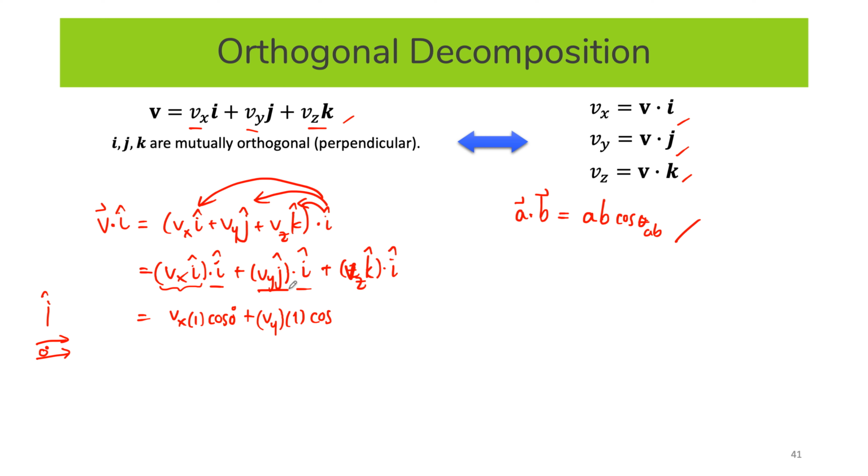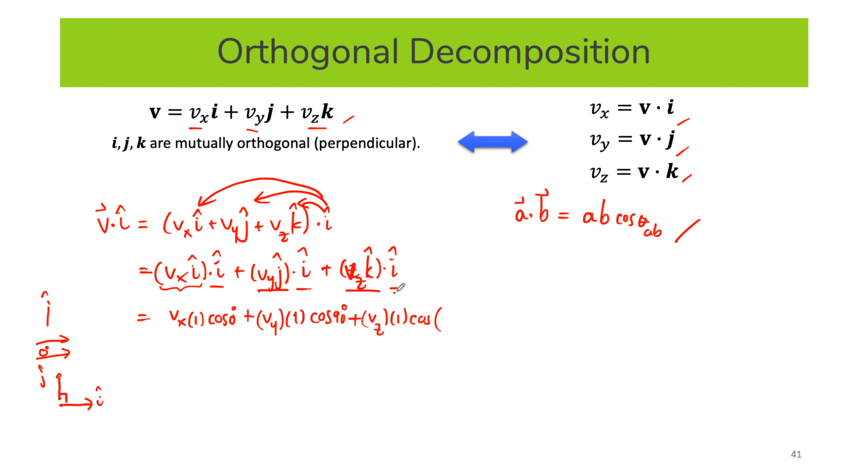Now, i and j are orthogonal. So i is here, j is orthogonal, which means that their angle is 90 degrees. Plus the last one, this magnitude is vz, this magnitude is 1, and cosine of angle.